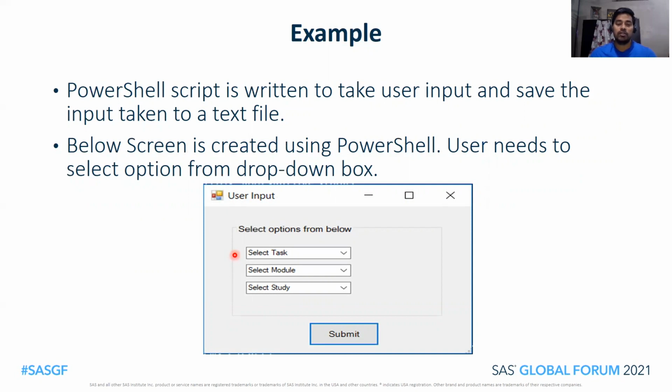The user needs to select one option. Select module again has two values: SDTM and ADaM. The user needs to select one value. The select study field will display the list of all studies available in the project area, and the user can select the study on which they are working. Once the user presses the submit button, it will save the result to a text file.